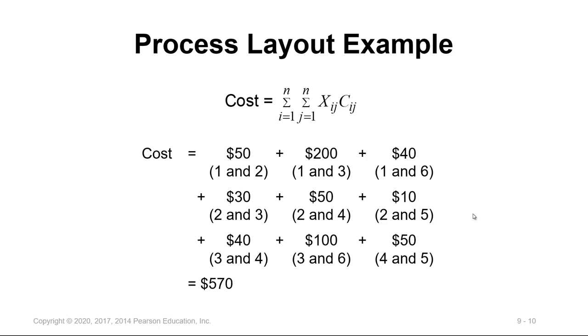If you look at 1 and 3, the number of loads is 100. Since they are not adjacent to each other, the cost per load is $2. 2 times 100 is $200. We keep going with the other loads and the movement between the different departments based on the matrix that we developed. By summing all these costs together, we get $570.